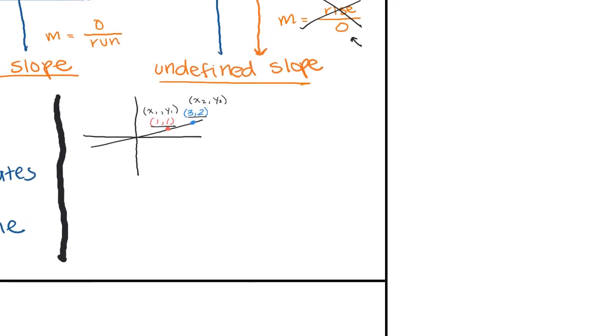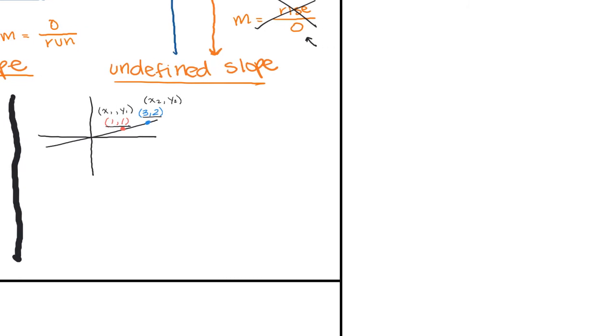Okay, so we've got our slope equation, which we remember is m is equal to y2 minus y1 over x2 minus x1. So all we're going to do is take those numbers and plug them in for our values there.